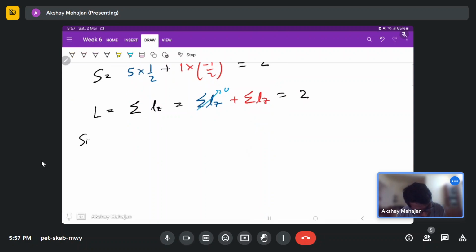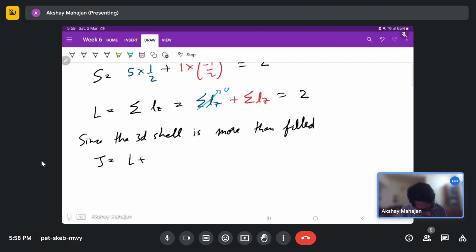Now again, since the 3d shell is more than half filled, this is the same case as you can see, Fe and Fe2 plus have the same S, L and J values. J is L plus S, it is 2 plus 2 equals 4.